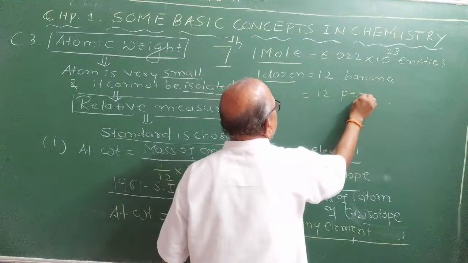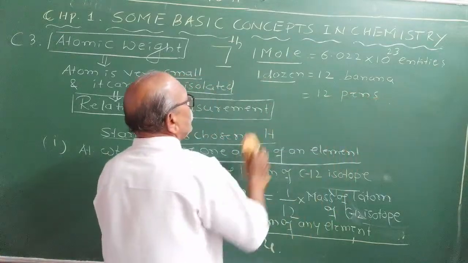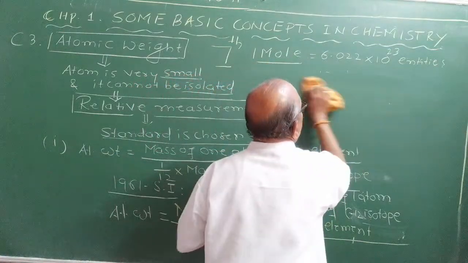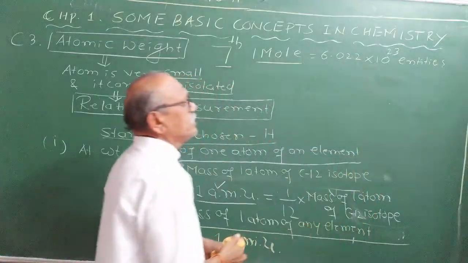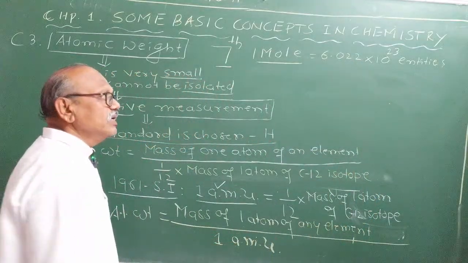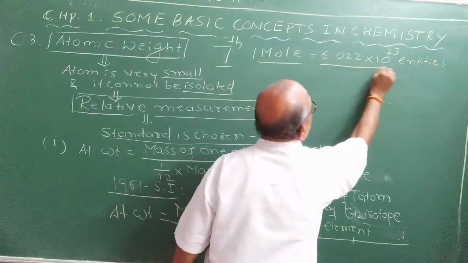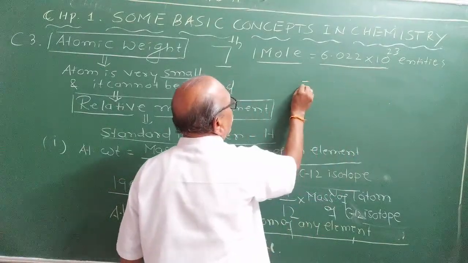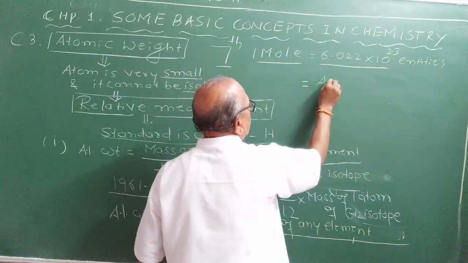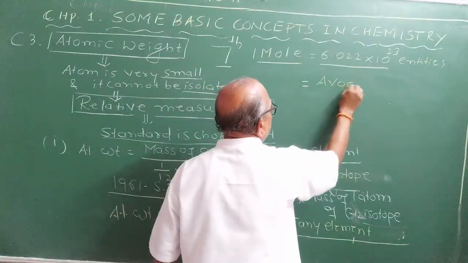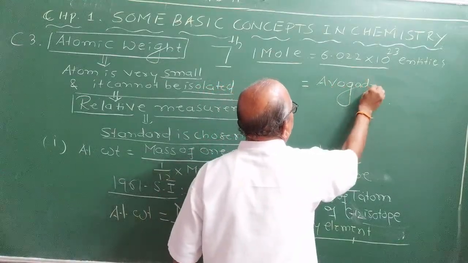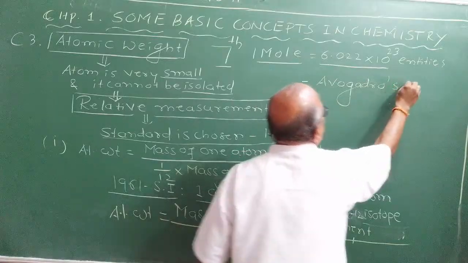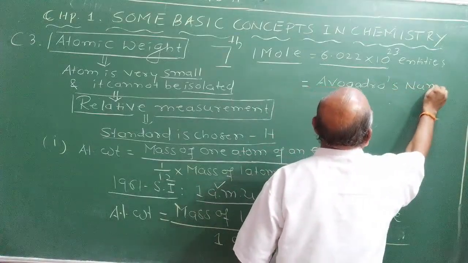Similarly, 1 mole corresponds to 6.022 into 10 raised to 23 entities. This number was, in honor of Avogadro who calculated this value, called Avogadro's number.